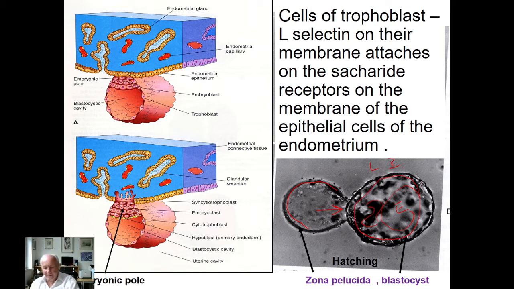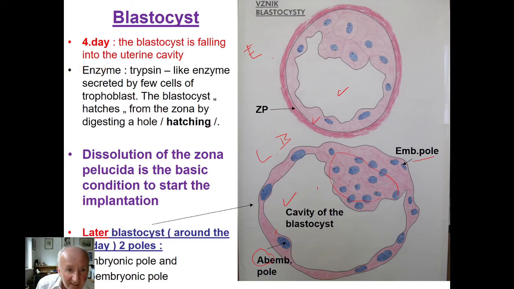It hatches out thanks to some enzymes which release ZP proteins in the zona pellucida, and the blastocyst jumps out, lasting a few seconds. Now it's a bigger blastocyst, an increase in size and volume, so you have a later blastocyst. Implantation would never happen if zona pellucida remained on the blastocyst.